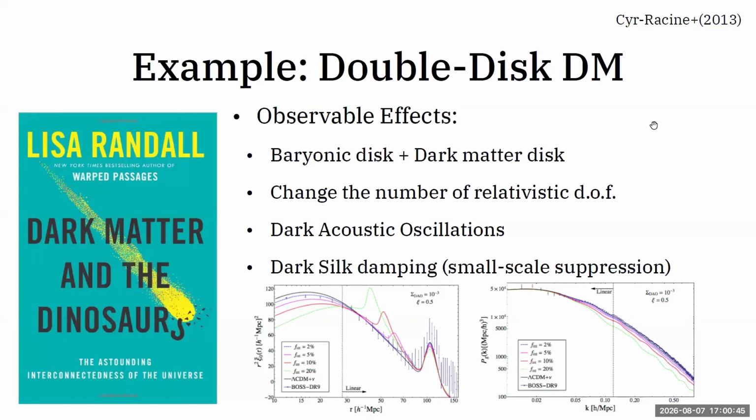Her model was killed by not seeing this second bump in the galaxy power spectrum. The reason is that in her model, the dark recombination, just like CMB recombination, happens close to redshift 1000. That's wrong, so I should avoid that.